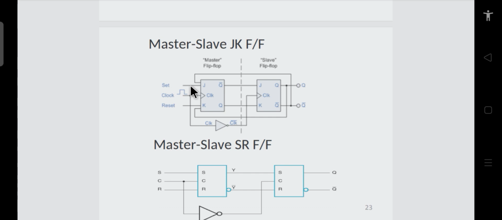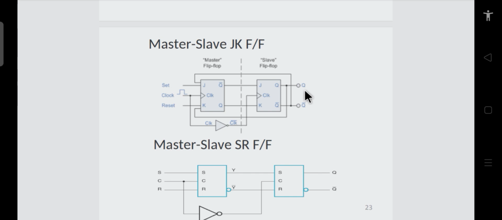So when the master is active, at that time the input is transferred to the intermediate output, that is the output of the first flip flop, the master flip flop, and then later on in the next half of the clock pulse, this output of the first flip flop, which becomes the input of the second flip flop, gets transferred to the output.